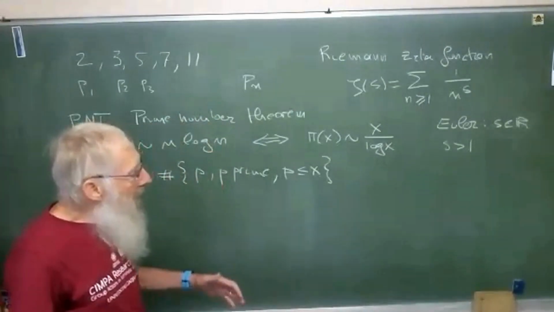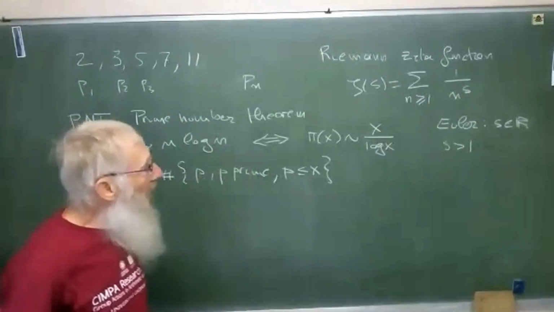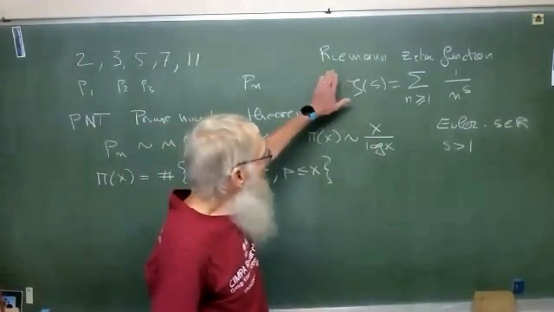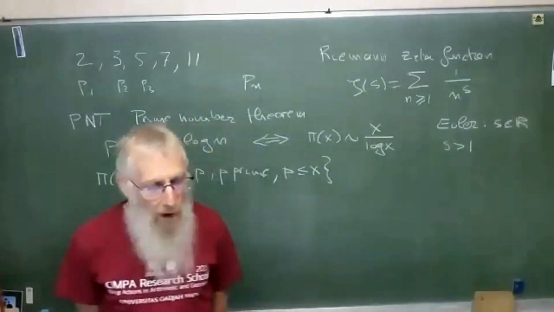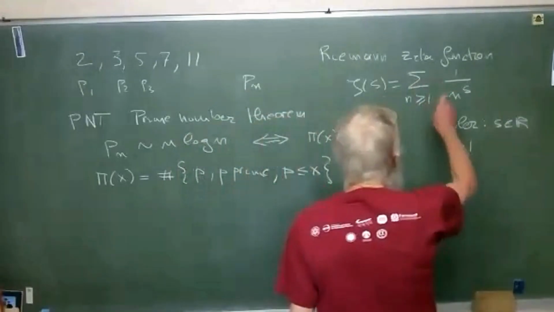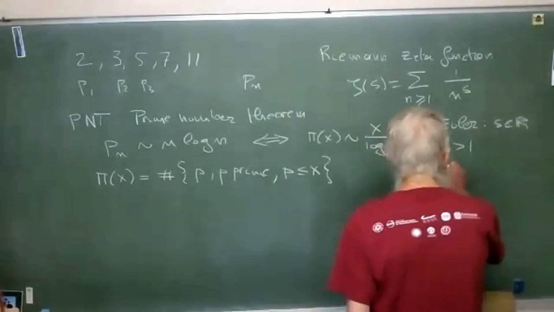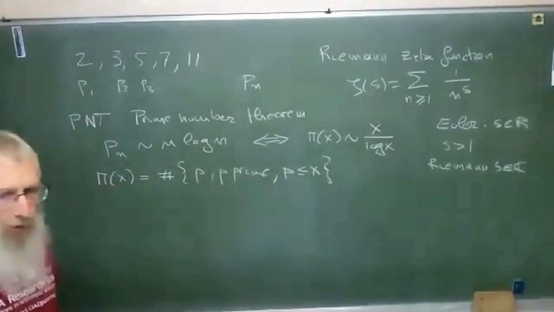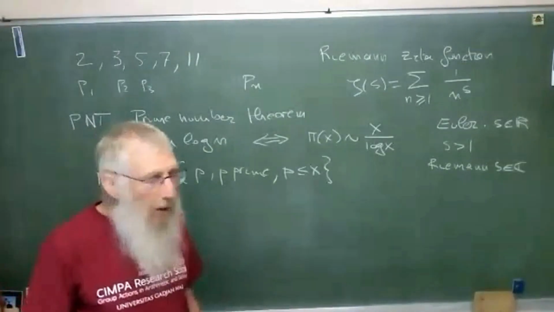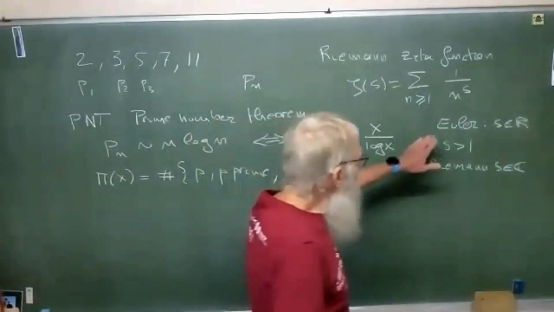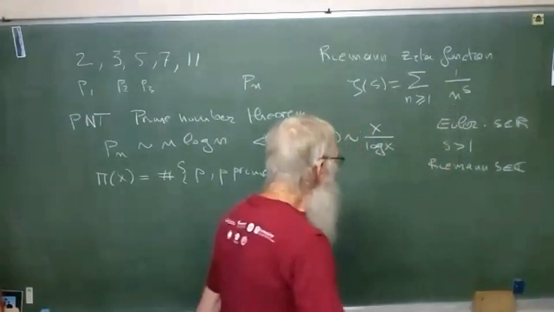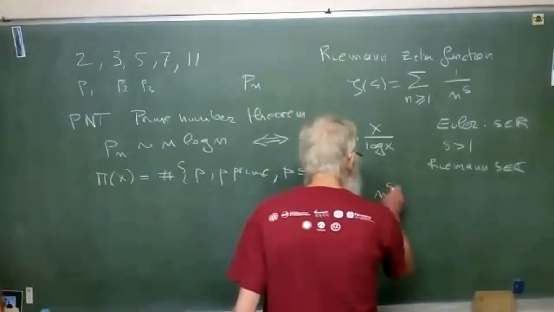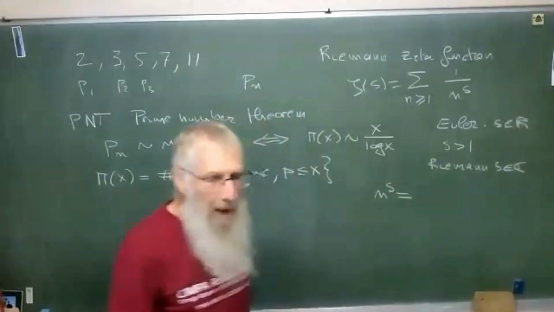But the main improvement on the work of Euler was done by Riemann, and this is why this is called the Riemann zeta function, when Riemann studied this function for s in C. Now, if we want to have an absolutely convergent series, we have to make some assumption on s, and we have to look at n to the s, if s is a complex number.